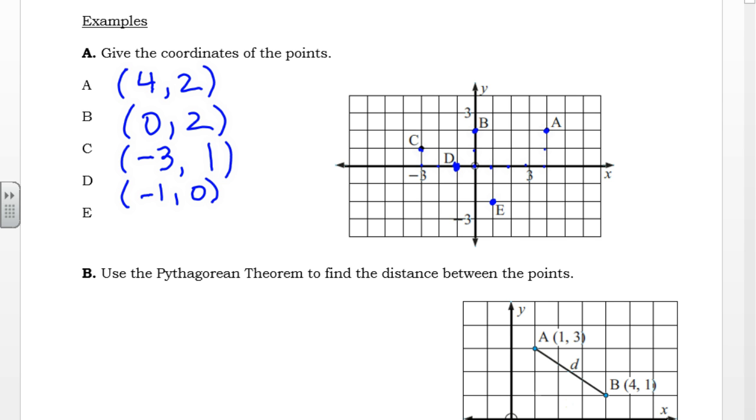That is 1 unit to the right and 2 units down. So all of my numbers that went to the right were a positive number in the first piece of the ordered pair. To the left were negatives, and then anything going up was positive in the second coordinate, and down would be a negative.